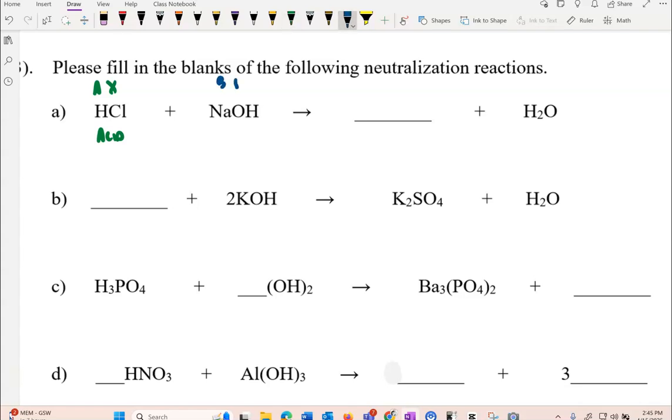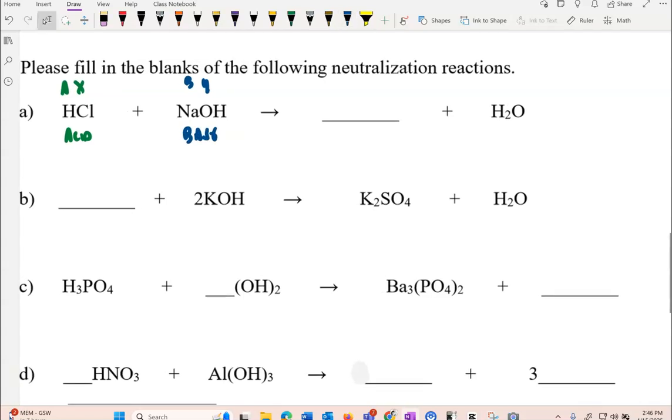Our sodium hydroxide is our base, and it's going to be our B and our Y. And our products are always going to be B and X, and A and Y. Well, I've already put together the A and the Y. The A is our H+, and the Y is our hydroxide. So this is just another way of saying H and OH, and we're just rewriting it as H2O.